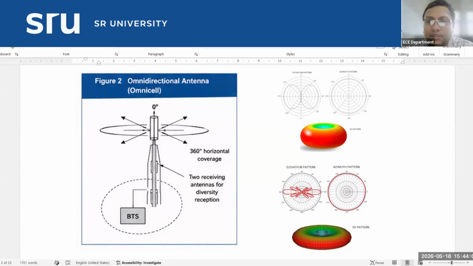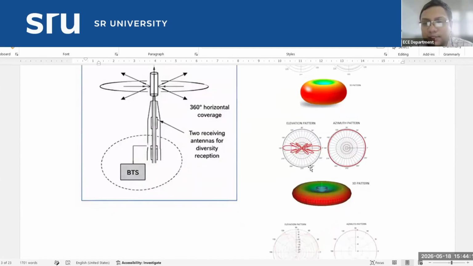However, if I increase the gain of such an omnidirectional antenna, the antenna now confines more energy towards horizontal, and in the vertical area, the coverage gets reduced.